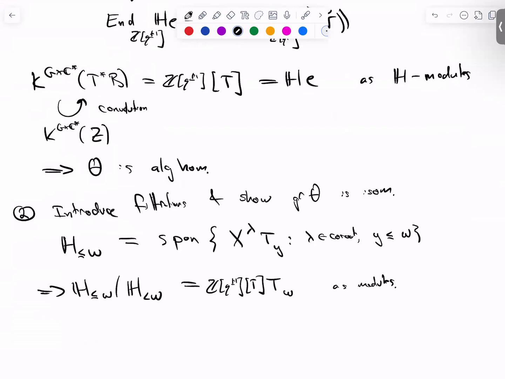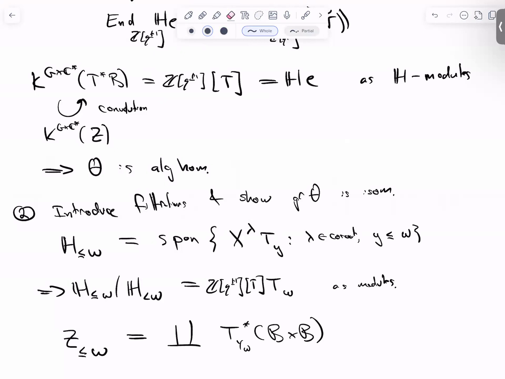Now, on the other side, the Steinberg variety itself has a decomposition by G orbits, and these are given by conormals to Bruhat cells.